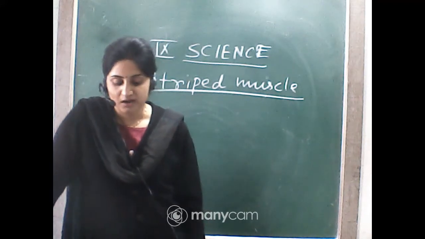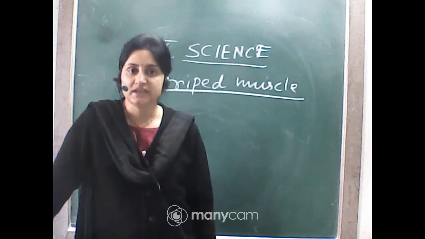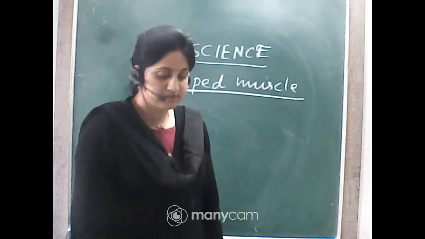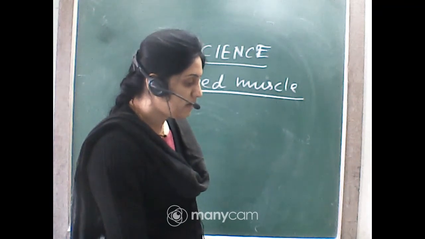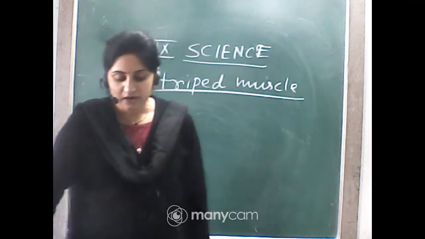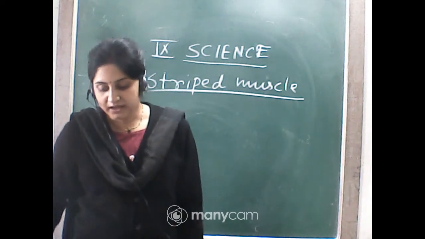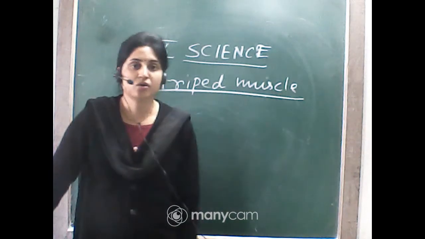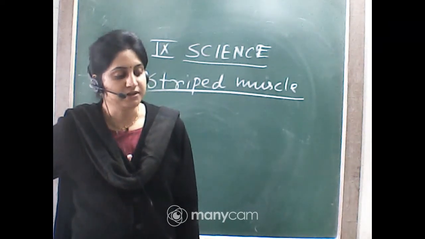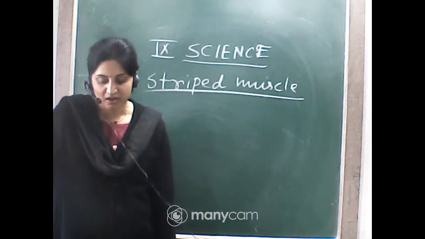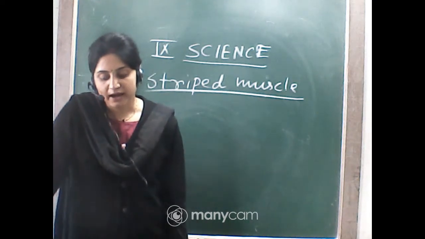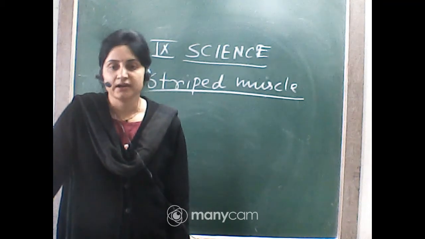Number 5. These muscle fibers have alternate dark and light bands, so they give a striated appearance.